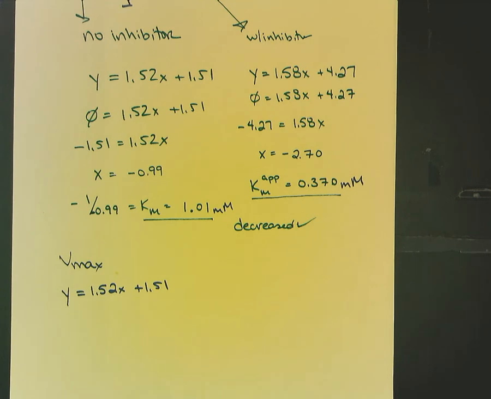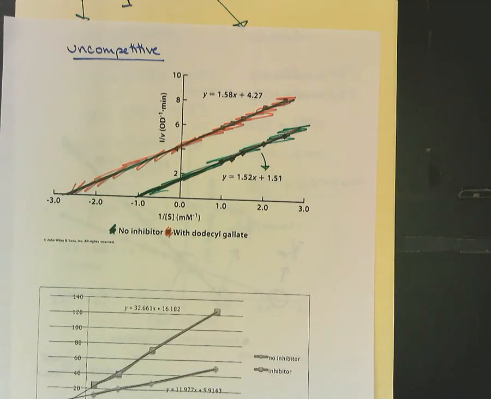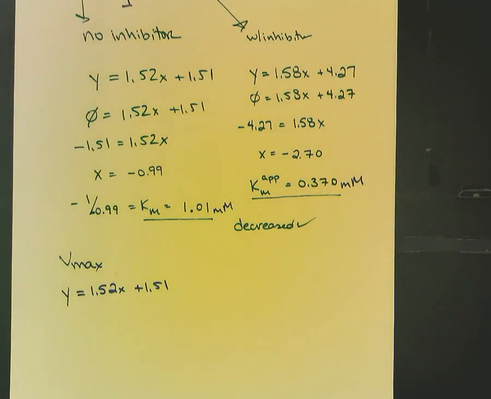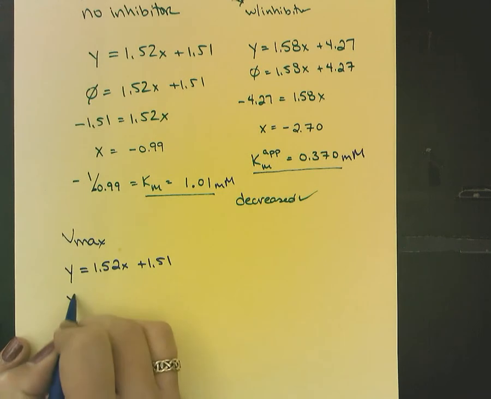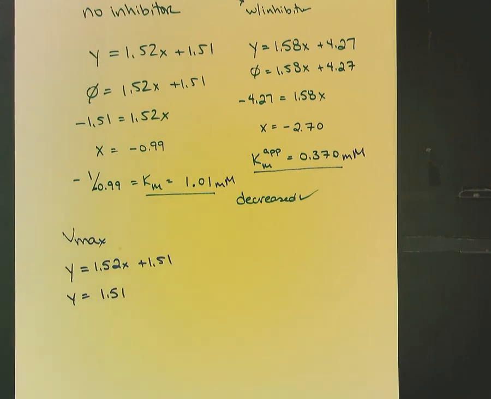All right, so now I want to find Vmax. How do I mathematically solve for Vmax? If it's the y-intercept, what thing do I set to 0? Set the x to 0. Mathematically, that'd be true. So am I done? Or how do I get to Vmax from there?